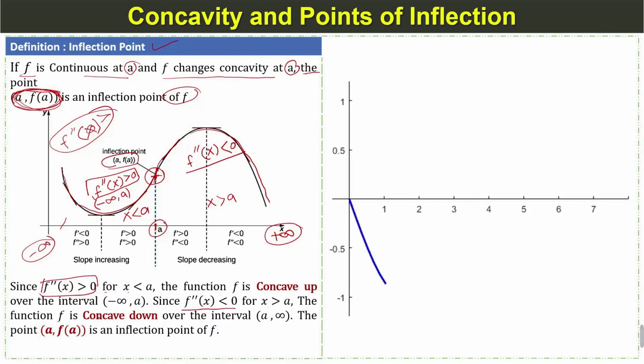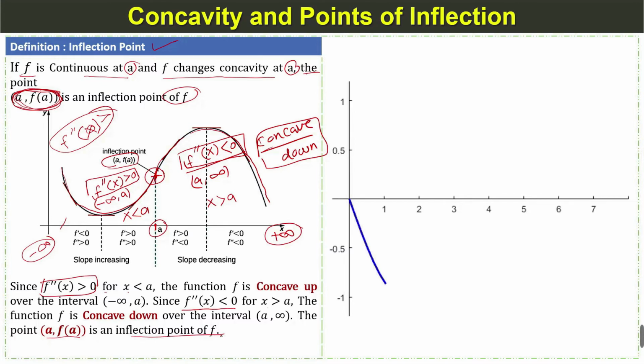So the function is concave down over the interval a to infinity. We know that when the second derivative of the function is negative, then the function is concave down. So this point is an inflection point.